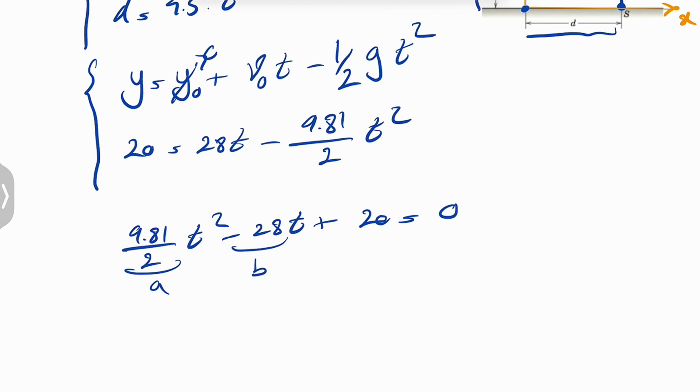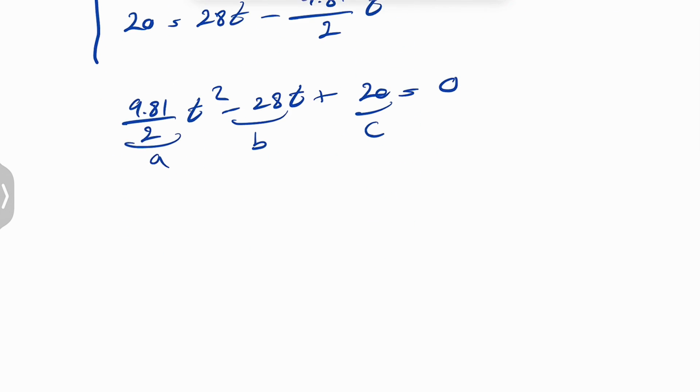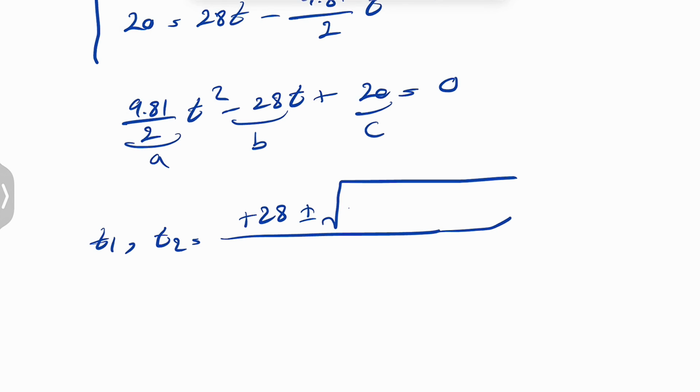That's our a, that's our b, and that's our c. So with the quadratic formula, let's call the solutions t1 and t2. t1 and t2 will be negative b, which is 28, plus or minus the square root of b squared, 28 squared, minus 4 times a times c, 20, all over 2 times a, where a is 9.81 divided by 2.